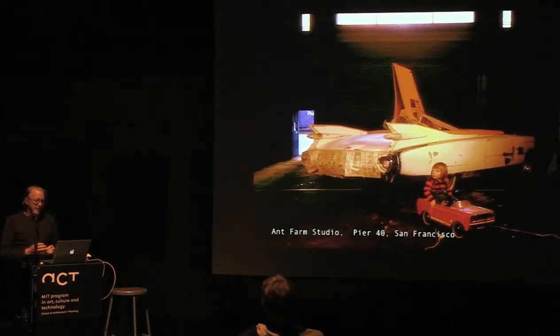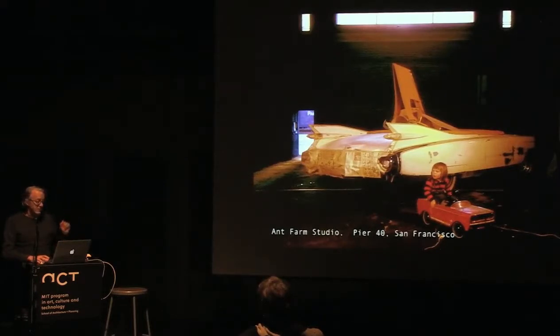But in some ways, it's the Ant Farm project that, for me, represents the larger collaboration, because it had all these different elements that crossed over traditional disciplines, so that the car itself was really a sculptural project that had to be designed and fabricated, and it took about 9 months to do.